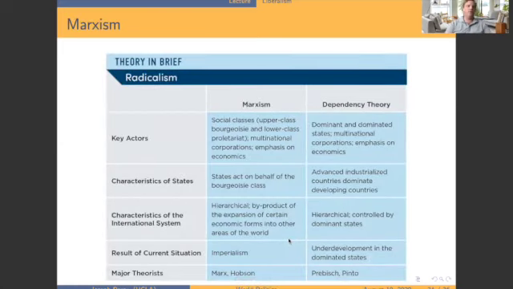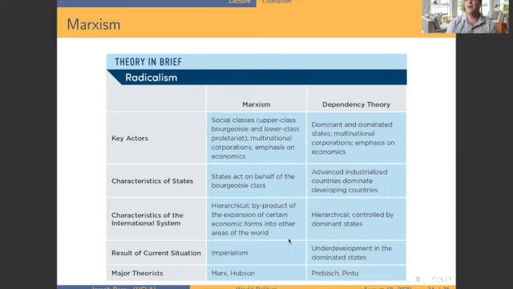The last school of thought that we will be talking about today is the Marxist school of thought. This school of thought has, after the Cold War, exited international relations discourses, and you would be hard pressed to find it in any course on international relations.